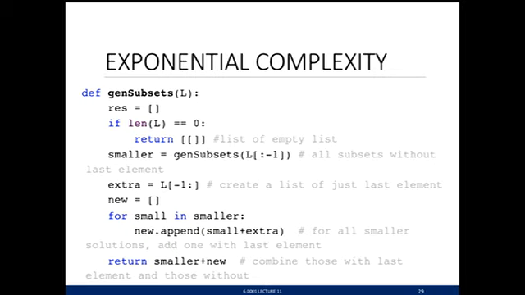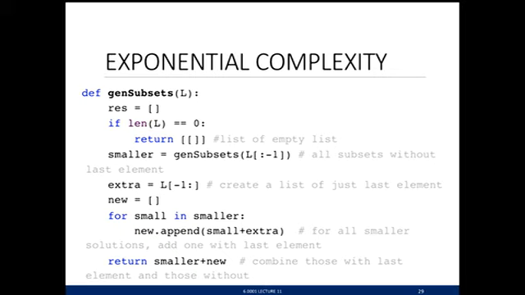Otherwise, what do I do? I take all the elements of the list except the last one, and I call it recursively. I generate all of the subsets of that. I'm going to call that smaller. I then take the last element and I make a list of just the last element. I need all of these, plus I need all of them where I add that element in.